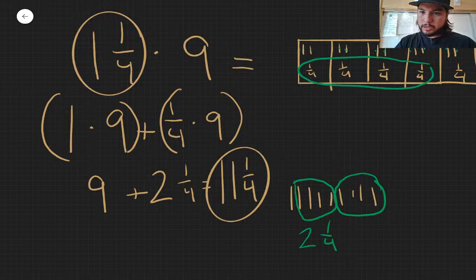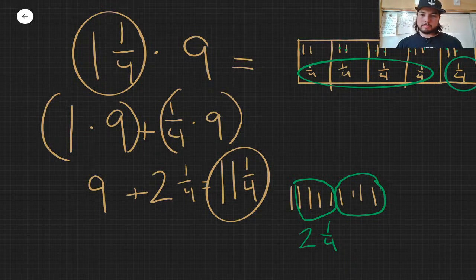These 4 make 1, so 11, and then 1/4. A little bit more confusing when we get into mixed numbers in that way, right? With these smaller values, it's a little bit easier to multiply the numerators and then rearrange your improper fraction into a mixed number, I would say. Okay.